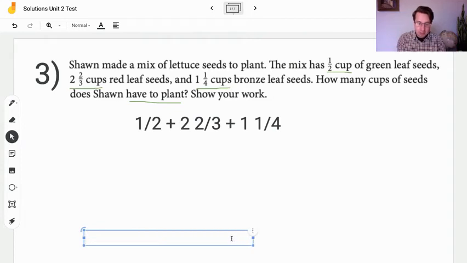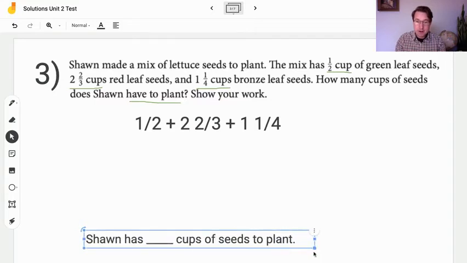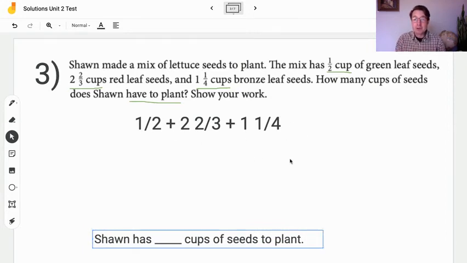Shawn has blank cups of seeds to plant. And then what's great about this is no matter how much work you do or if you get lost, you'll always remember that if you don't actually answer this, then you haven't actually answered the question. Because so many times I'll see students convert, do some work, but then never really go back and answer.